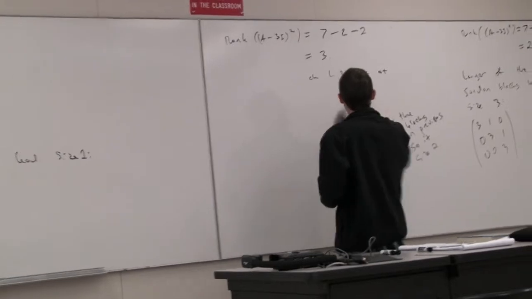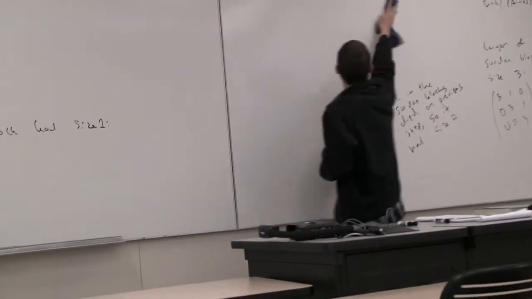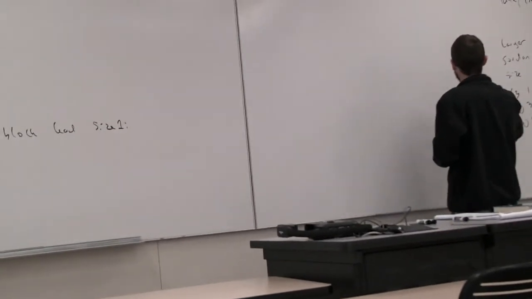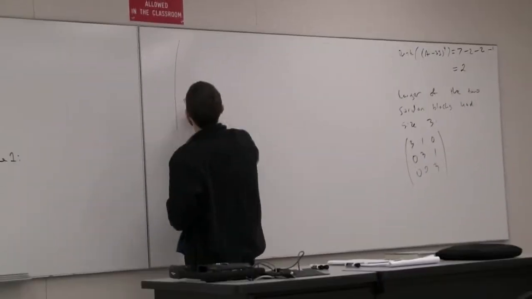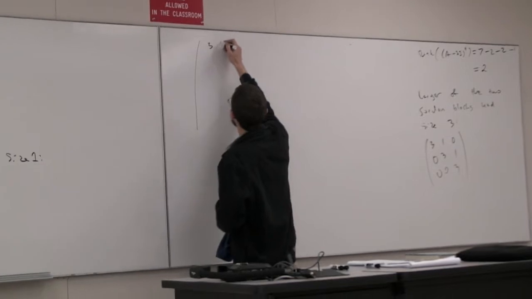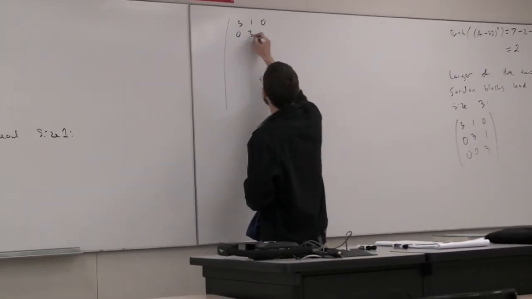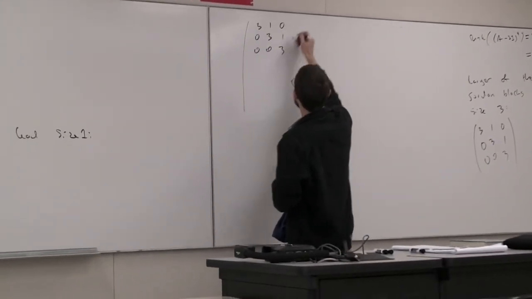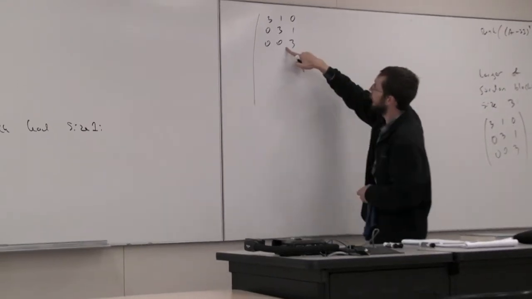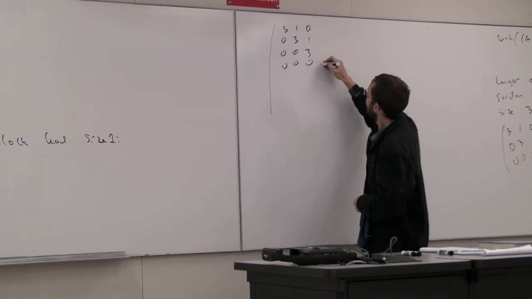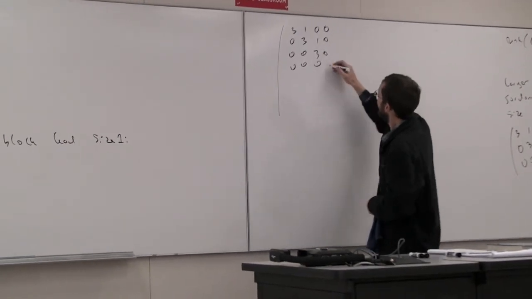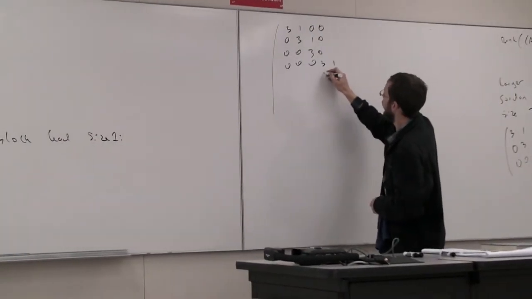We see that the Jordan normal form for A is we have a 3 by 3 with eigenvalue 3. We have a 2 by 2 with eigenvalue 3.